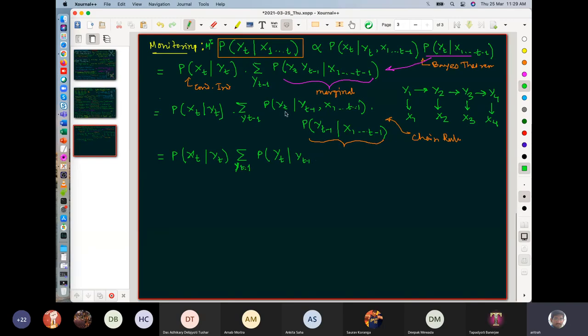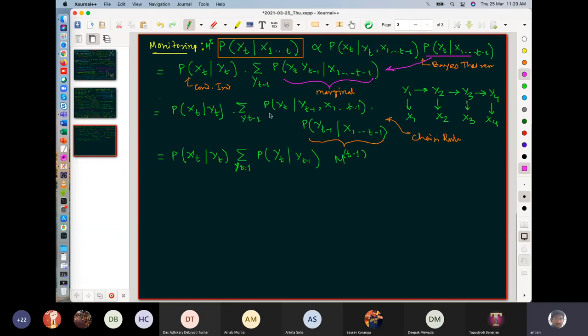Now see here, yt is conditionally independent of all the x's given yt minus 1, because it is only dependent on this. So I can write it this way. This term is M t minus 1.